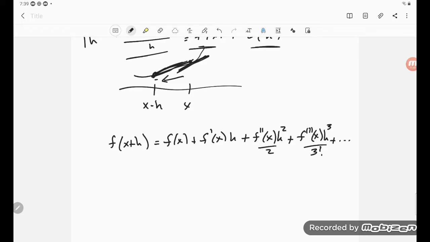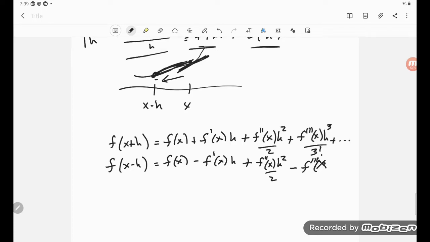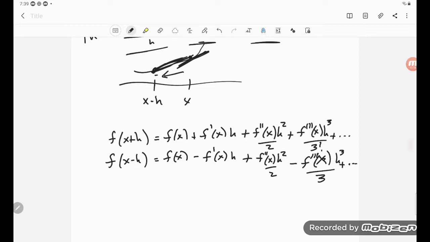Okay, so we have that, and then f of x minus h is f of x minus f prime of x h plus f double prime of x h squared over 2 minus f triple prime of x h cubed over 3, and of course it keeps going.